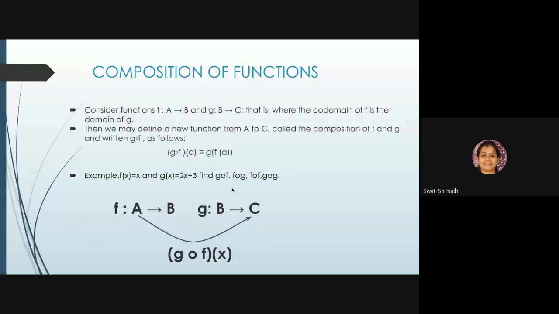Okay, can you solve this function now? f of x is equal to x and g of x is equal to 2x plus 3. I want you to find g of f. Yes, ma'am. g of f is 2x plus 3.